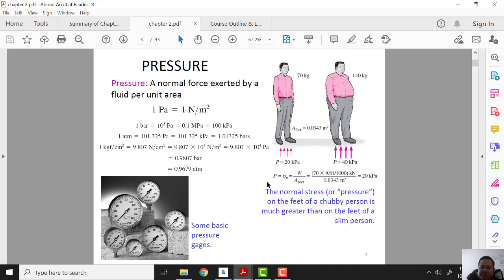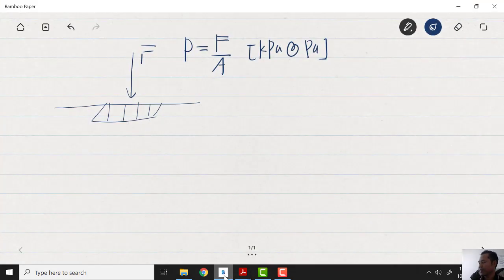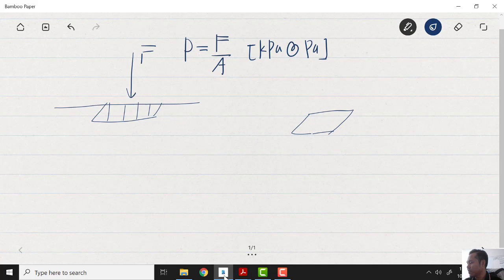If the weight is higher, then the pressure exerted on the area is also higher. For example, we have a plate here, and then a cylinder bar, and then another plate under the cylinder bar.